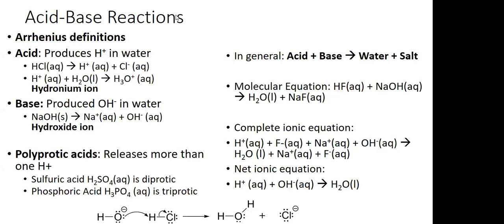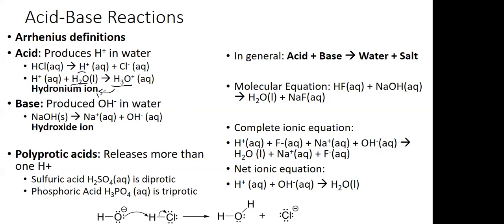Now, for just complete clarity, H plus doesn't actually exist. What happens is that an acid will give an H plus to water to make H3O plus. This H3O plus is called a hydronium ion.